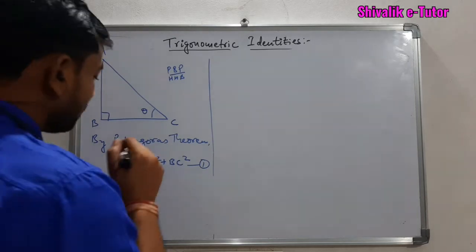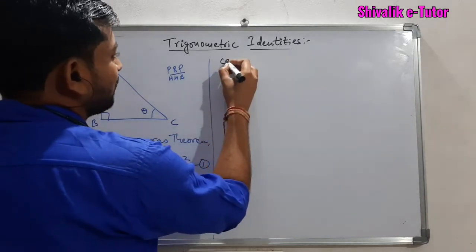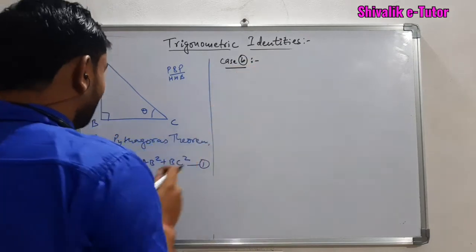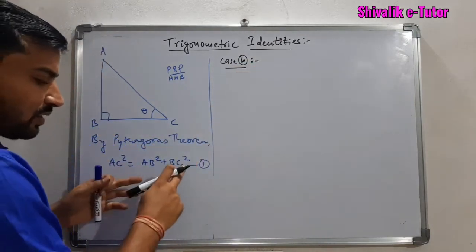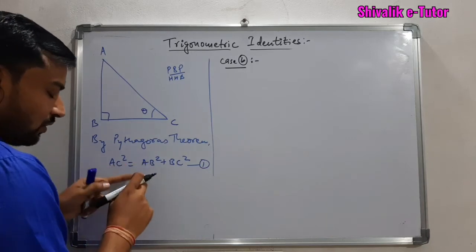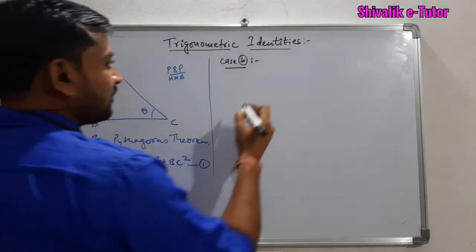Now let us come to the second case. As I told you, we have to divide equation 1 by AC square, AB square and BC square. In the first part we divided by AC square. Now let us divide by AB square.